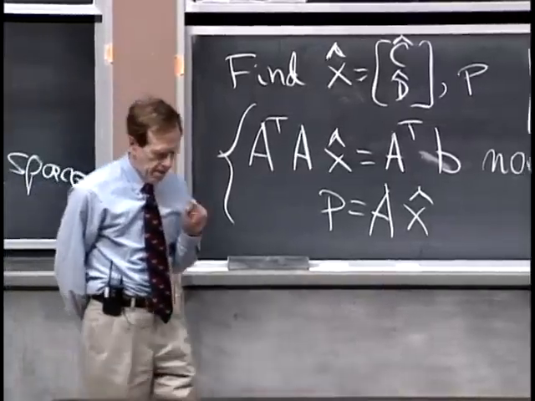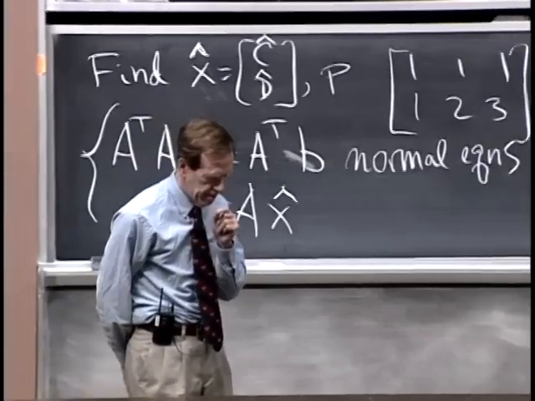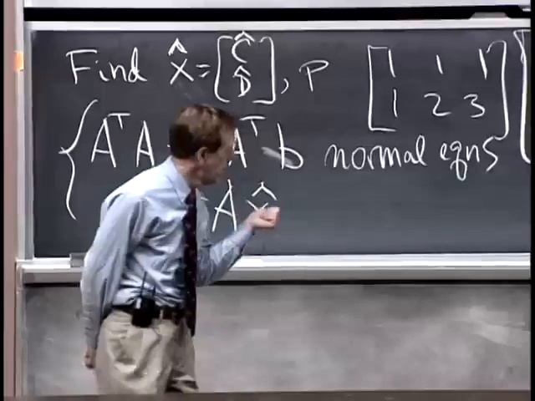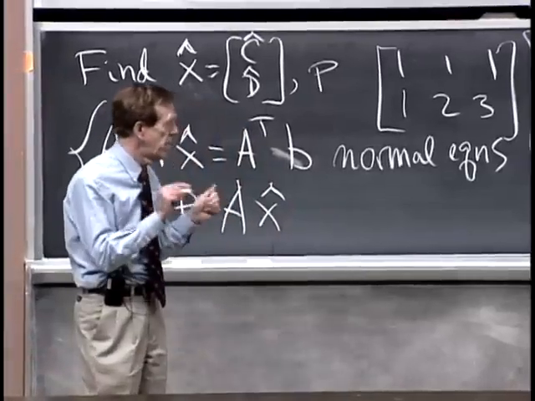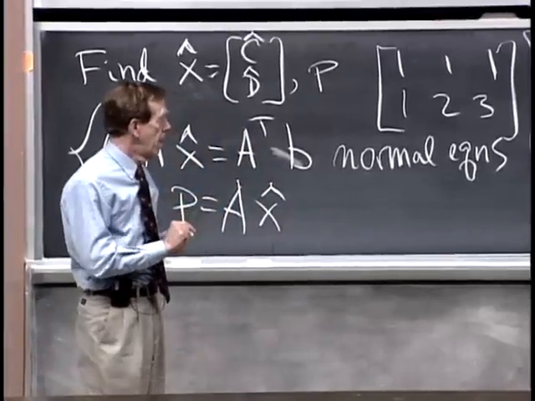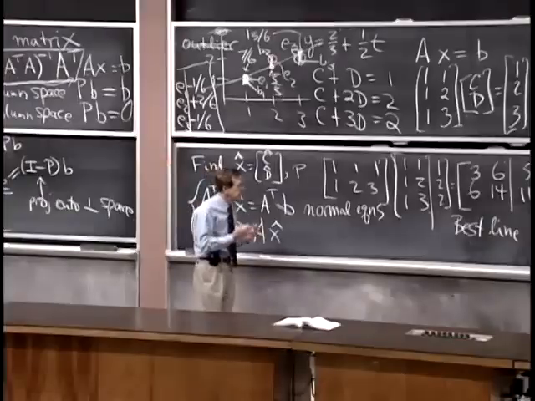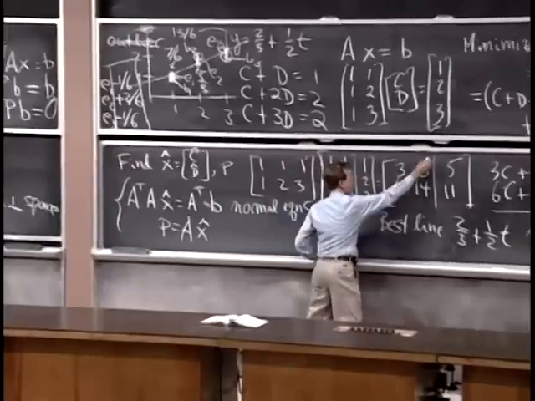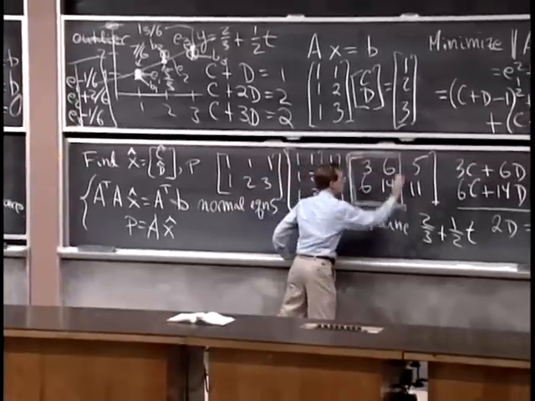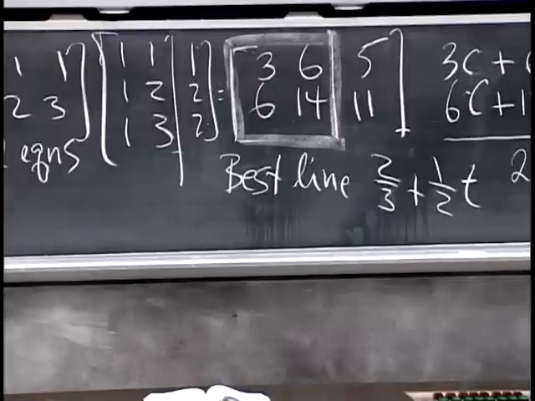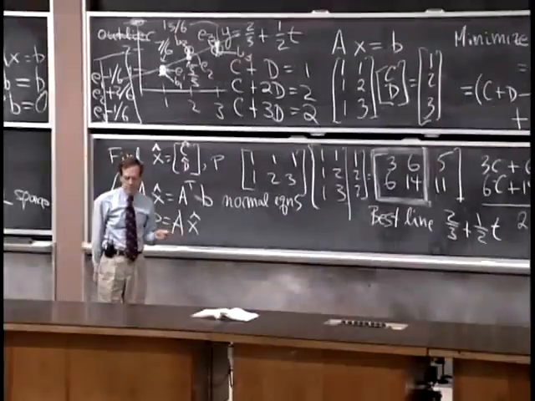Now, can I put in a little piece of linear algebra that I mentioned earlier, mentioned again, but I never did right? And I should do it right. It's about this matrix A transpose A. I was sure that that matrix would be invertible.